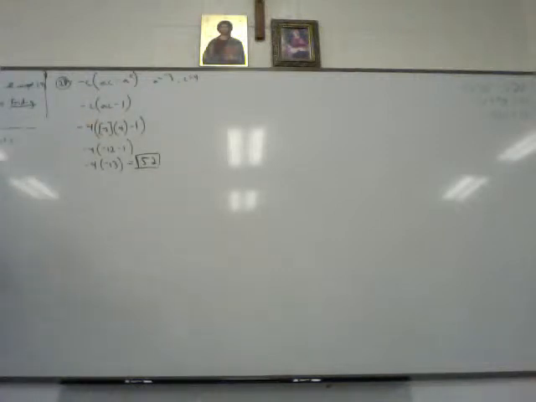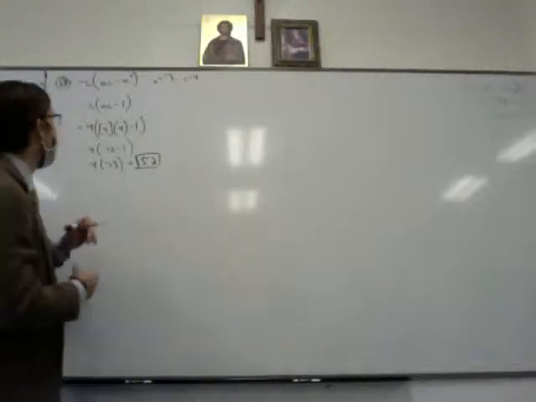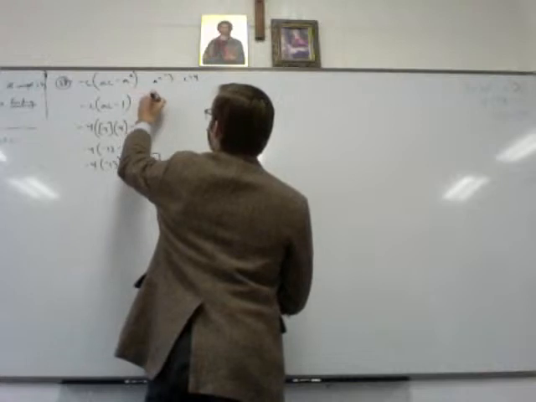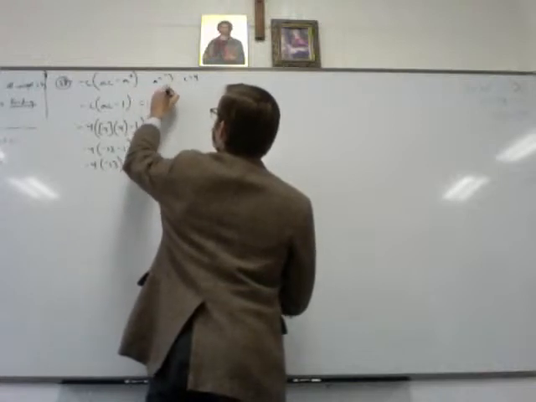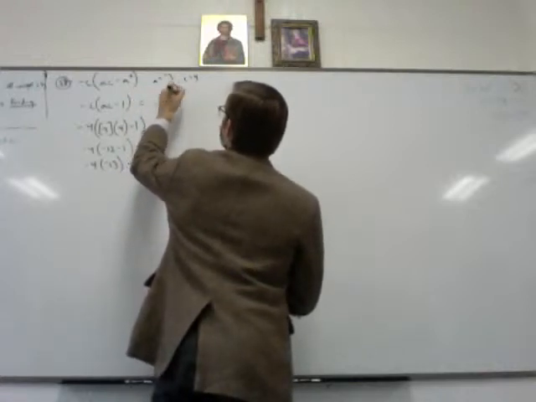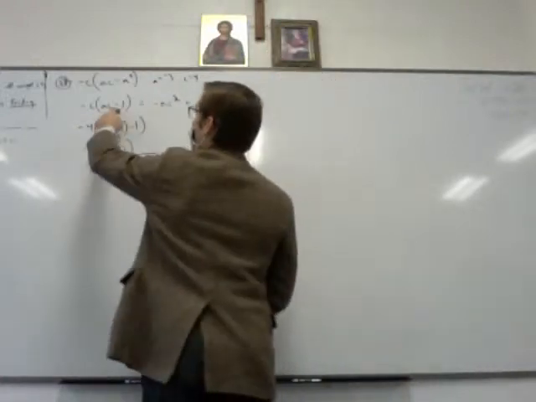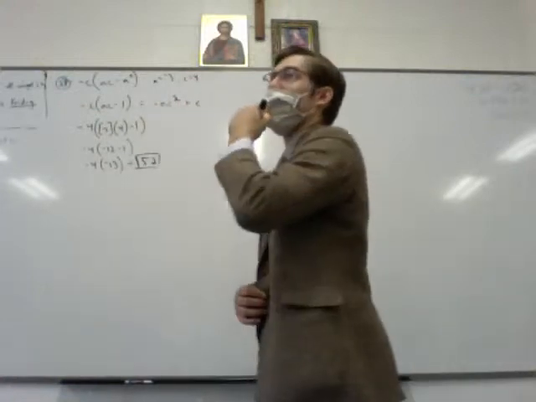You could also have applied the distributive property, multiplying each of these things by negative c. You would have had negative ac squared plus c, because negative 1 times negative c gives us positive 1c.